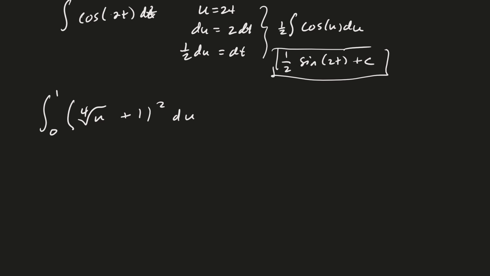Well, did you pause? Or did you think about that? Well, because this is just a square, I think we would probably just square everything out. Right, so what's u to the 1/4 times u to the 1/4? It would be u to the 1/4 plus 1/4, which is u to the 1/2, plus 2u to the 1/4 plus 1. And then we would just integrate that from 0 to 1.